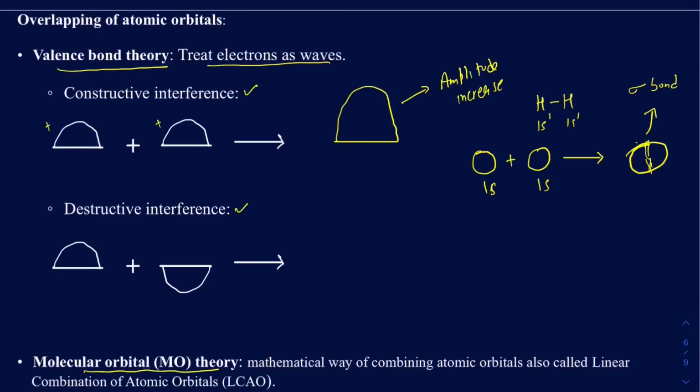So in a sigma bond, your electron density is going to be right on the axis. So when I draw it in the form of a bond, those two electrons are going to be right on that particular axis of the bond that we have drawn.